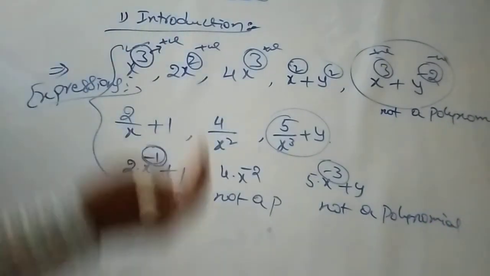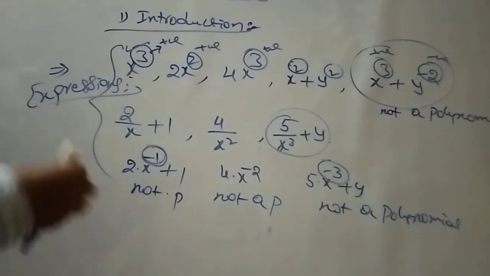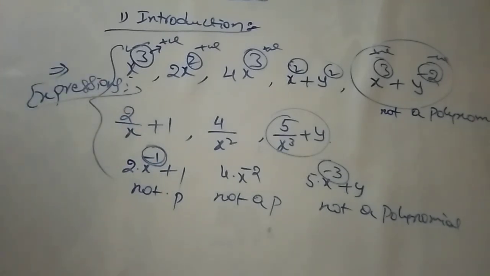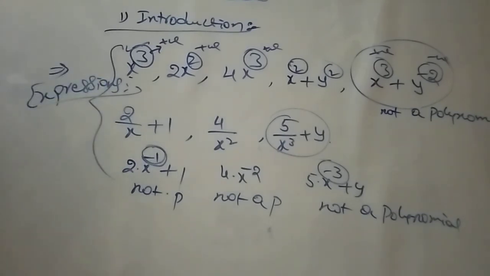The variables involved in the expression, maybe one variable, two variables or three variables, must all have powers that are non-negative. Okay, this is the introduction to polynomials.